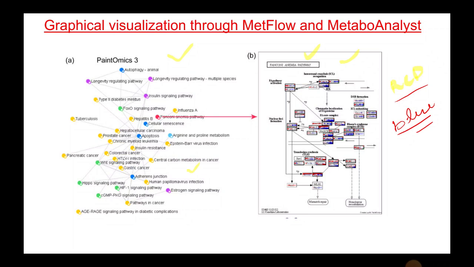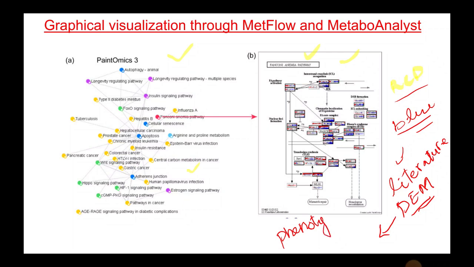The selection of any specific pathway all depends on the literature. You can first identify your differentially expressed metabolites, and then see how these differentially expressed metabolites are related to your phenotype, and whether you have also performed any other analysis besides this metabolomics data. Then you can relate those differentially expressed metabolites to a pathway.